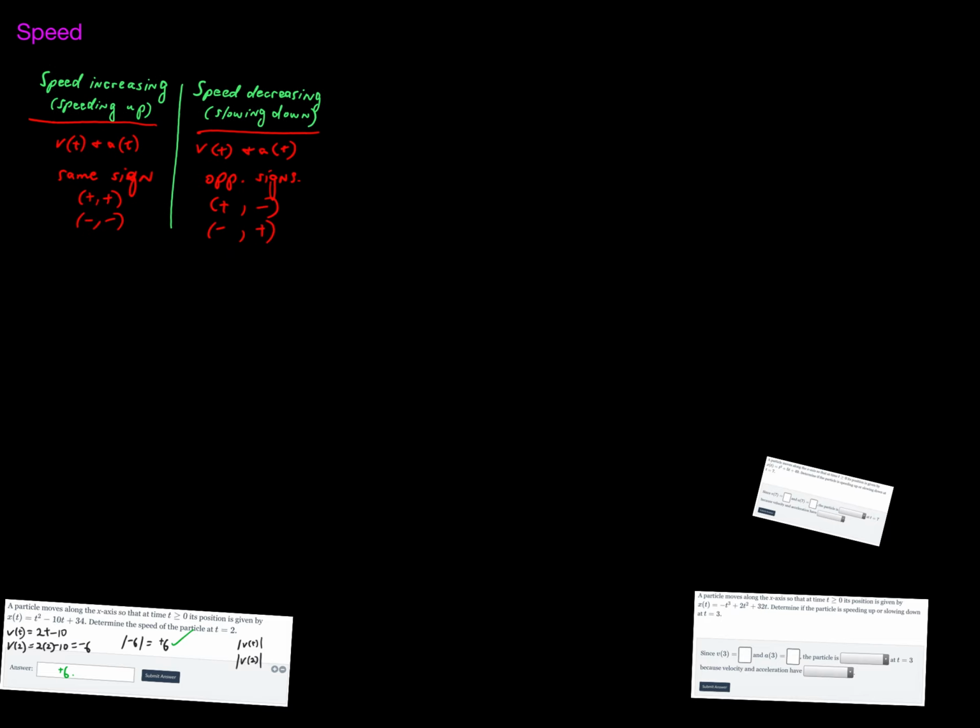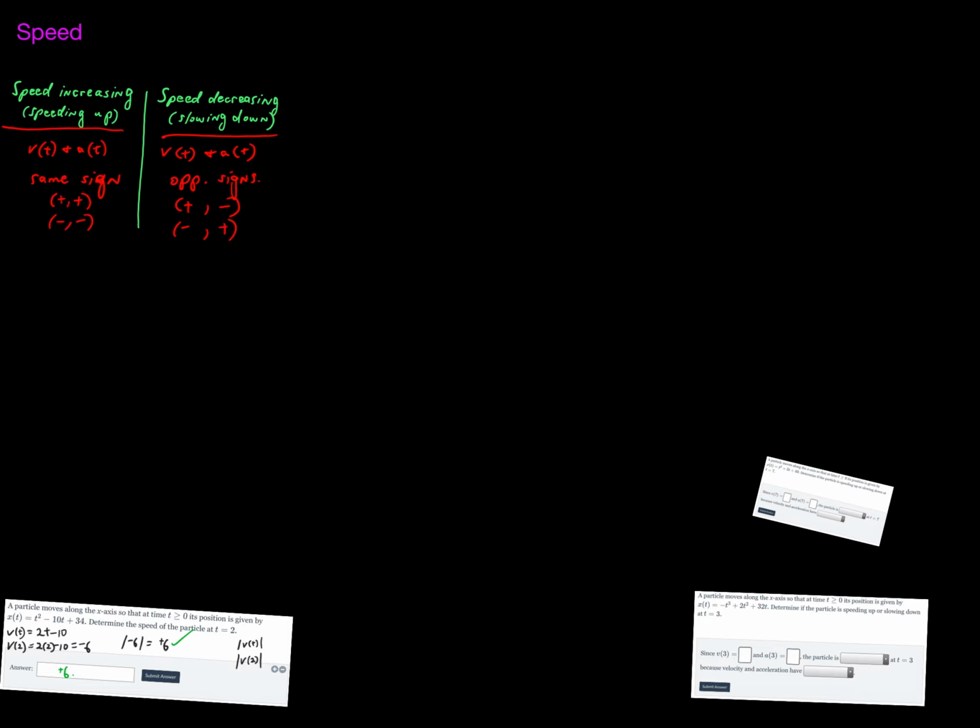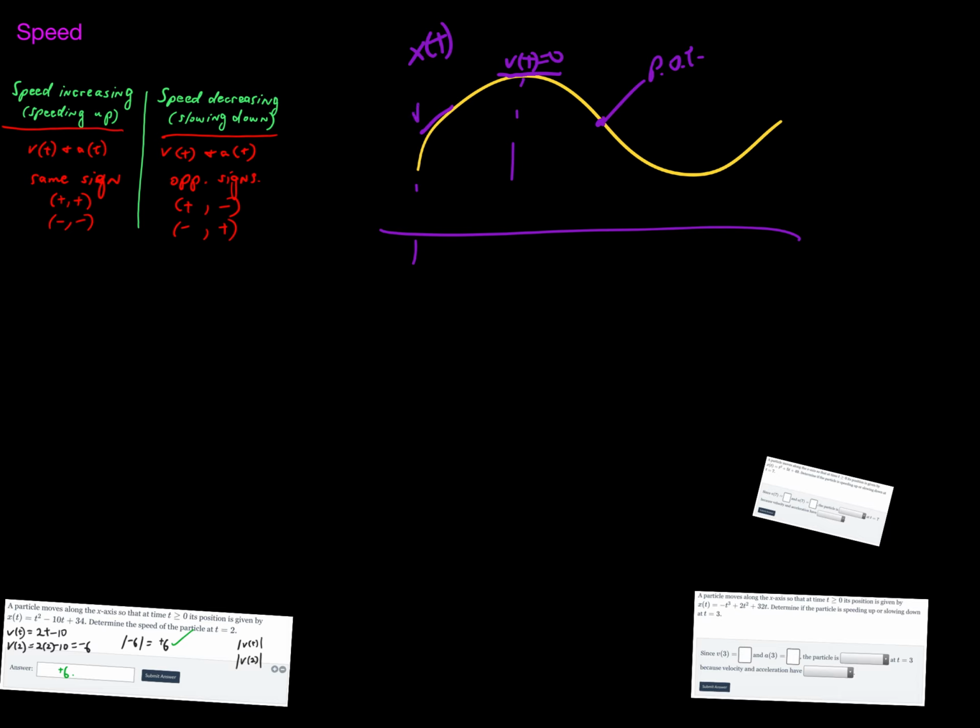Let's spend a moment and look at this graph before I jump into the next question. Say we have a curve right here, and this is our x of t, our position function, and I'm going to say that we have a point of inflection right there. Right here is where your velocity would be 0, and this interval is where your velocities are positive.